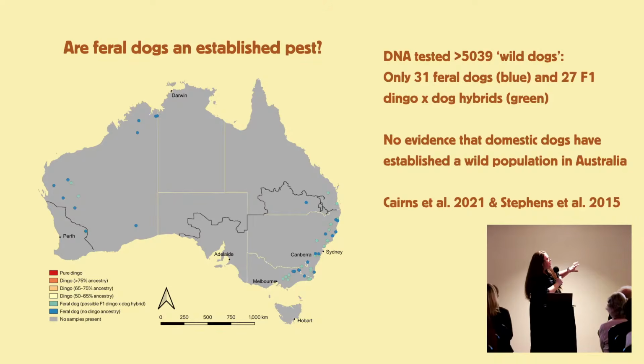They're very rare, they're very uncommon, and there's no evidence of feral dogs established in the wild. They are more likely dogs that have been accidentally left in the bush or lost, rather than actual dogs living in the wild breeding.